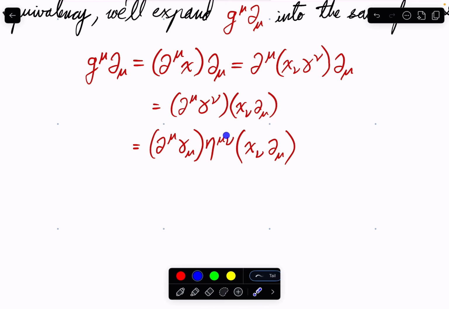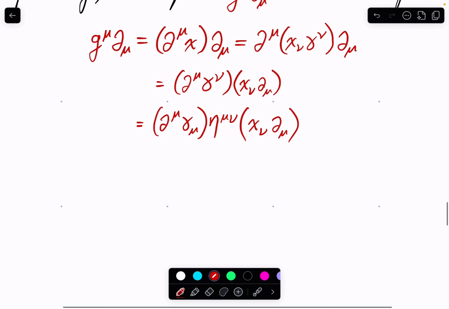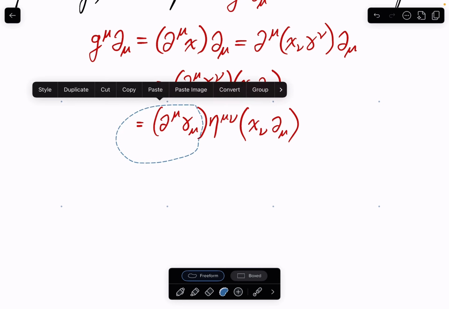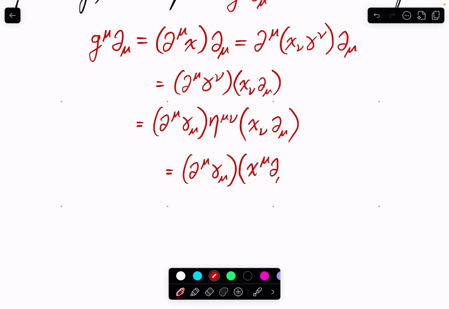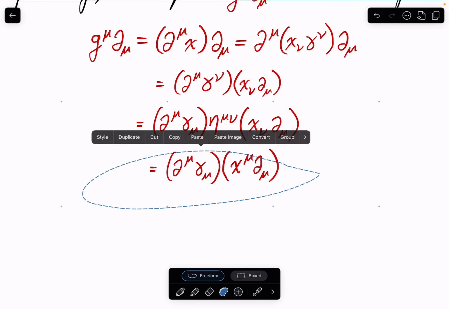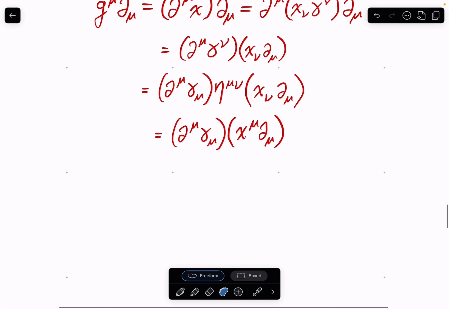And now we're going to sum over this nu. So this is going to be the same. And now we have x mu partial mu. Well, this is just the definition of the space-time gradient.